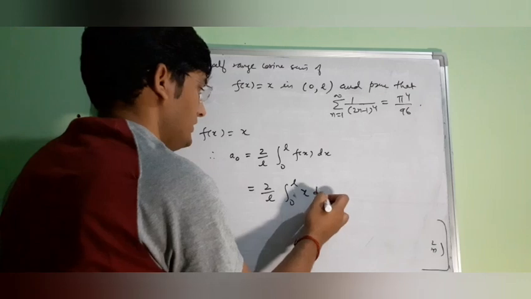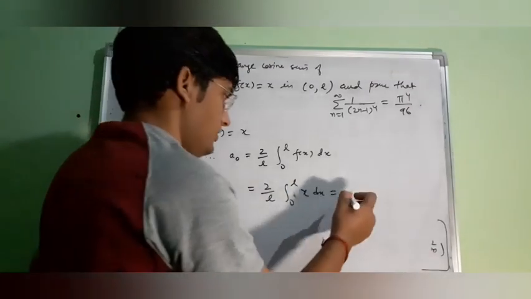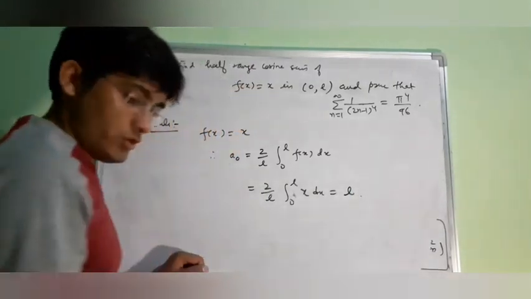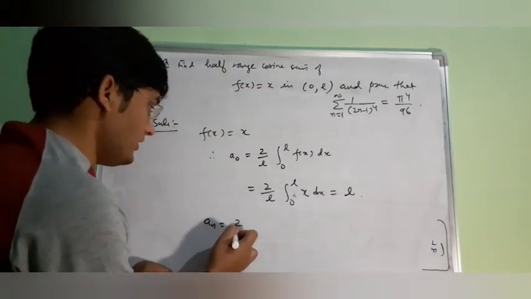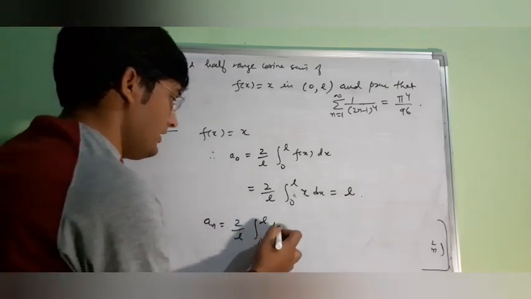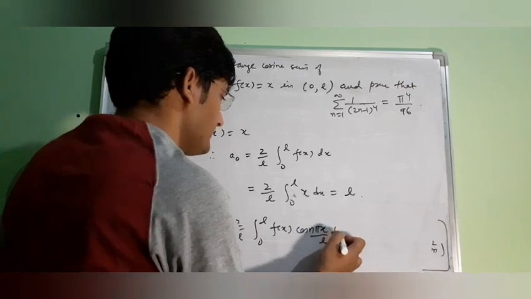Here we can see that the integration of x will be x square by 2, so a0 is L. Then our a_n will be 2 upon L, integral 0 to L, f(x) cos n pi x upon L, dx.